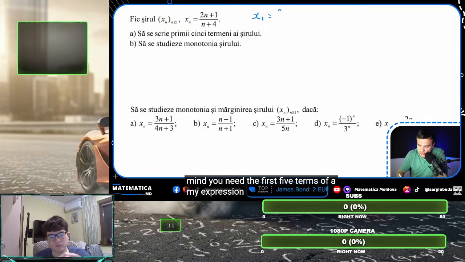Then we do the same thing. X2 is 2 times 2, that's 4, plus 1, that's 5, divided by 6, so 5 divided by 6. And then you do one term minus another term. So for example, the first one we got 3 divided by 5, and we do minus 5 divided by 6.